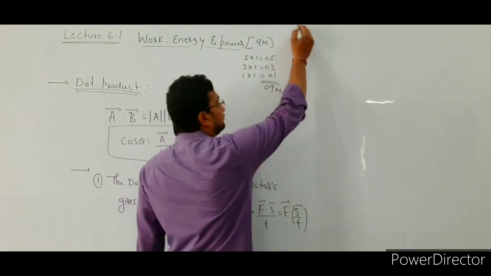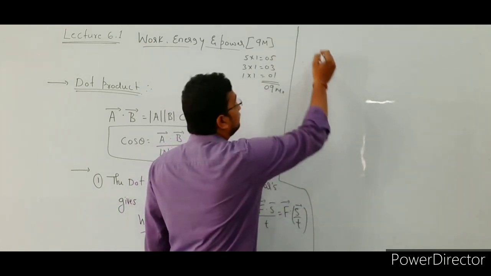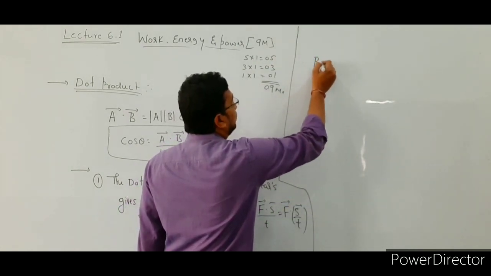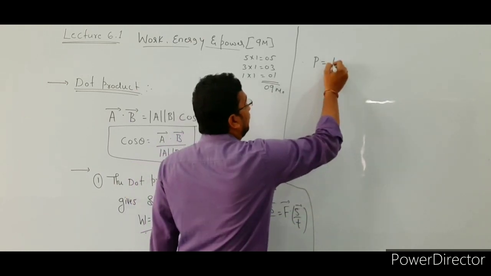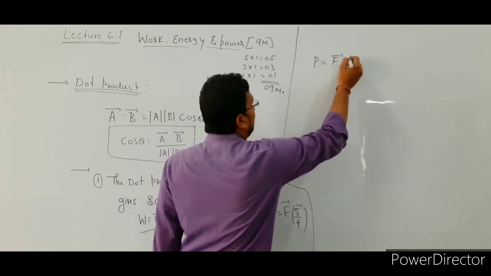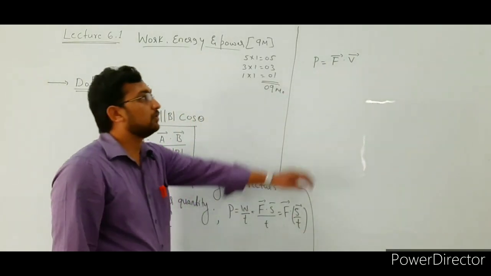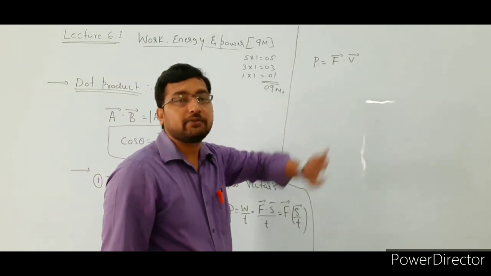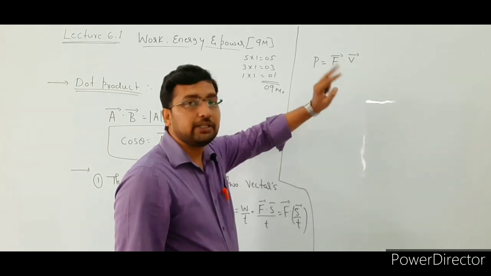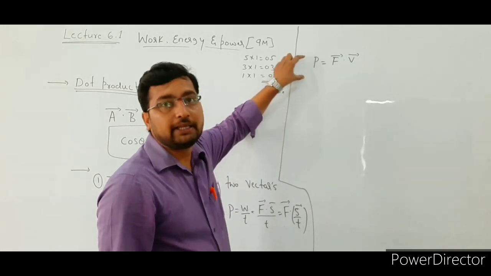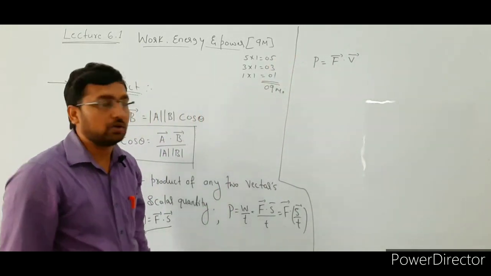So power is equal to force dot velocity. Here the force is a vector quantity and velocity is also a vector quantity. The dot product of these two gives a scalar quantity. Power is also a scalar quantity.